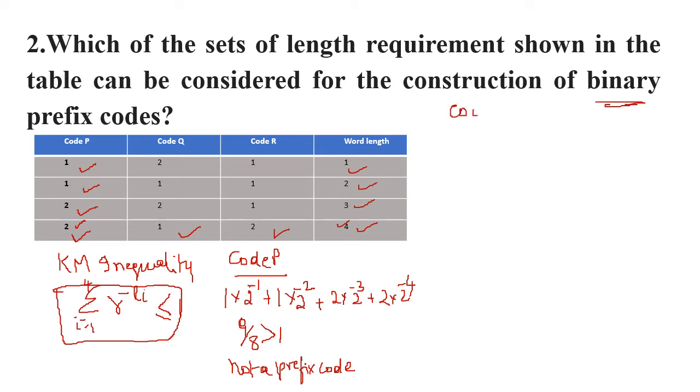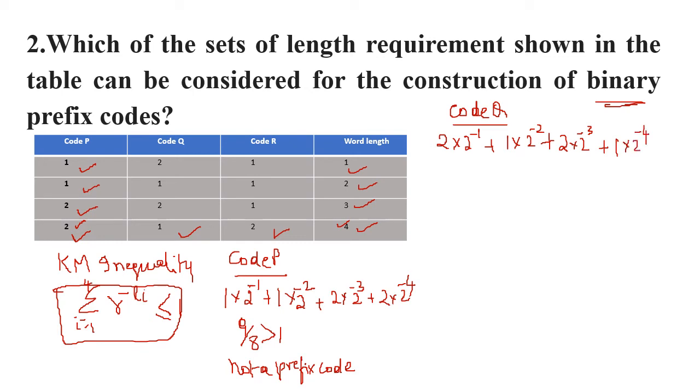Next we'll do it for code Q, as per the Kraft inequality equation. We'll write the equation. There are two code words of length 1, then one code word of length 2, then two code words of length 3 and one code word of length 4.